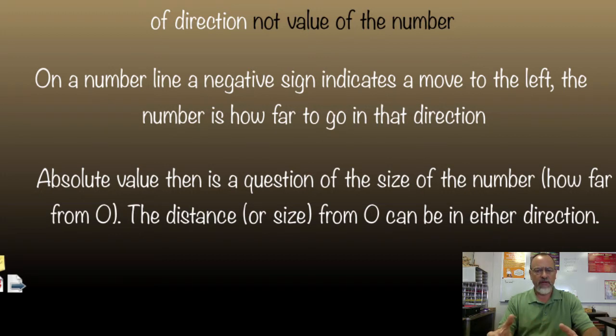On a number line, we're talking about how far from 0. The distance or the size that we have to go from 0 can be in either direction, and that really doesn't matter in terms of its size. So when we're asked for the absolute value, we're looking for the distance from 0 or the size of the number, the actual value of the number, not the direction.